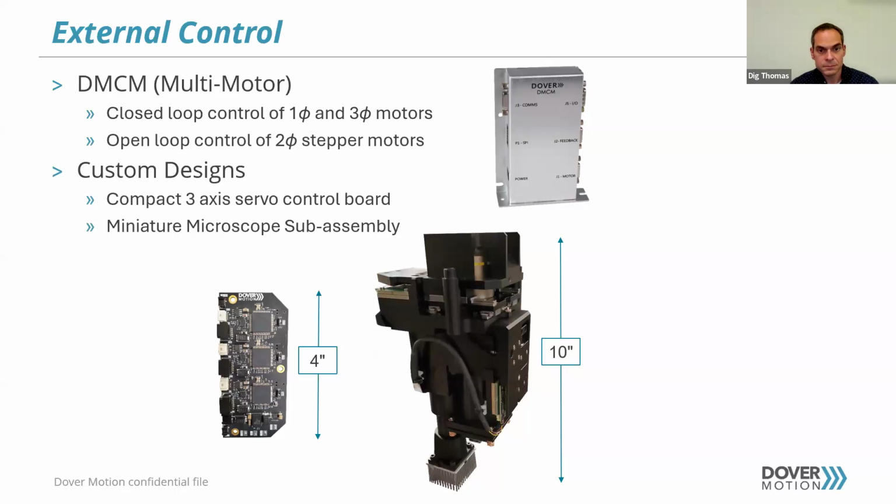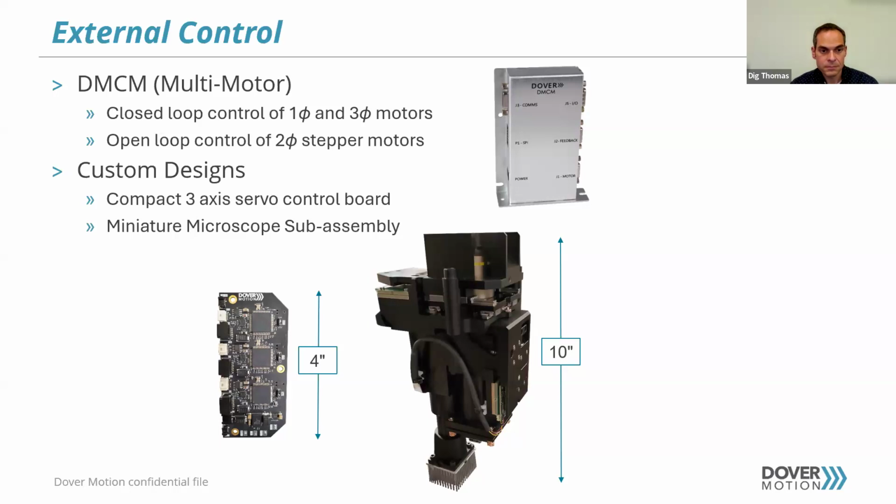We're also showing some custom capabilities where it makes sense. We're always willing to engage on those custom designs. So there's a very compact 3-axis linear motor servo system on the right. That's a full camera optics module with XY motion of the sample as well as a Z focusing axis for the objective, in a 10-inch height package that we work with a customer to scope out.